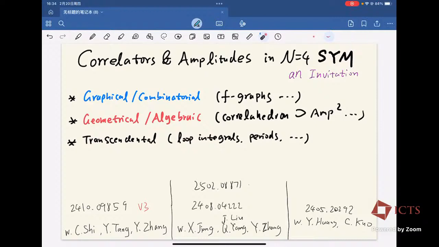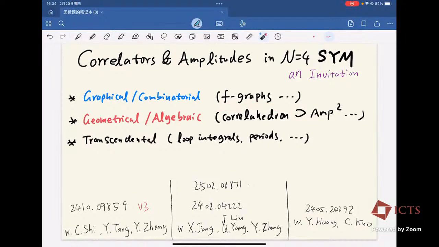And I'll base my talk on three aspects. First, I'd like to talk about a method for getting the all-loop integrands of the four-point half-BPS correlators, which is based on an essentially combinatorial and graphical idea, the well-known F-graphs.